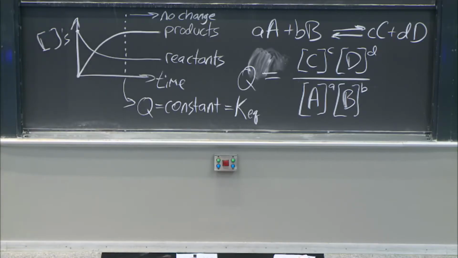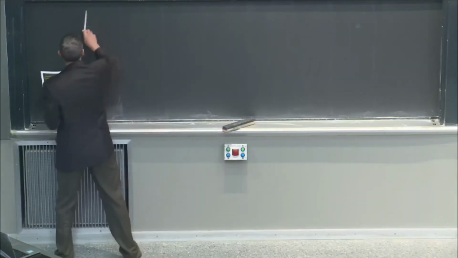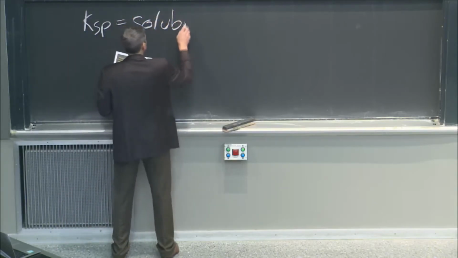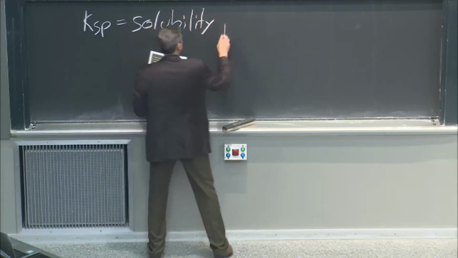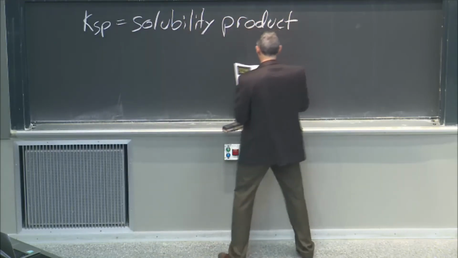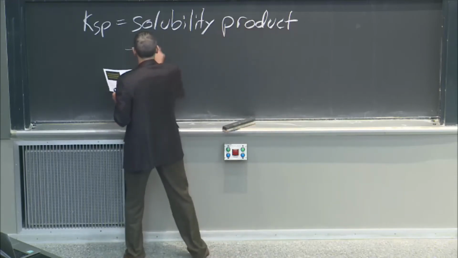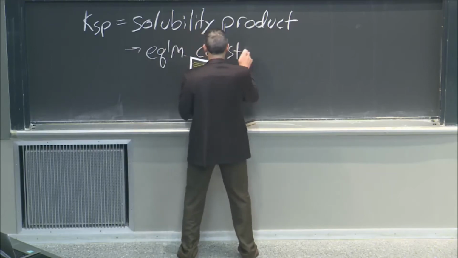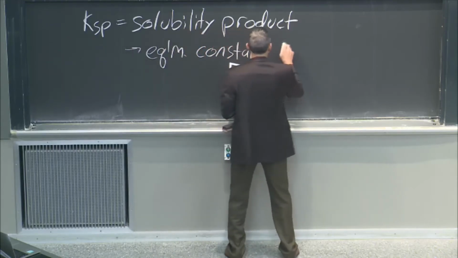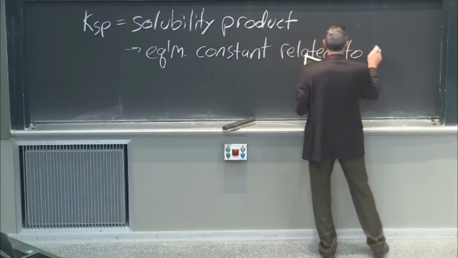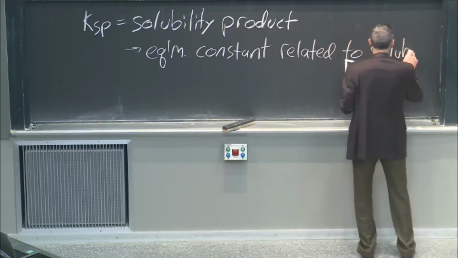Okay? And so the K_sp is the solubility product. And it's an equilibrium constant that is related to solubility.